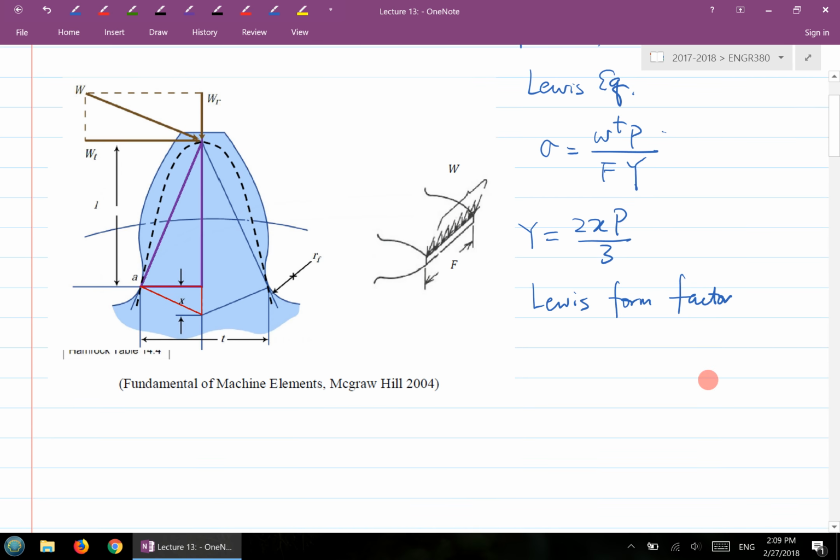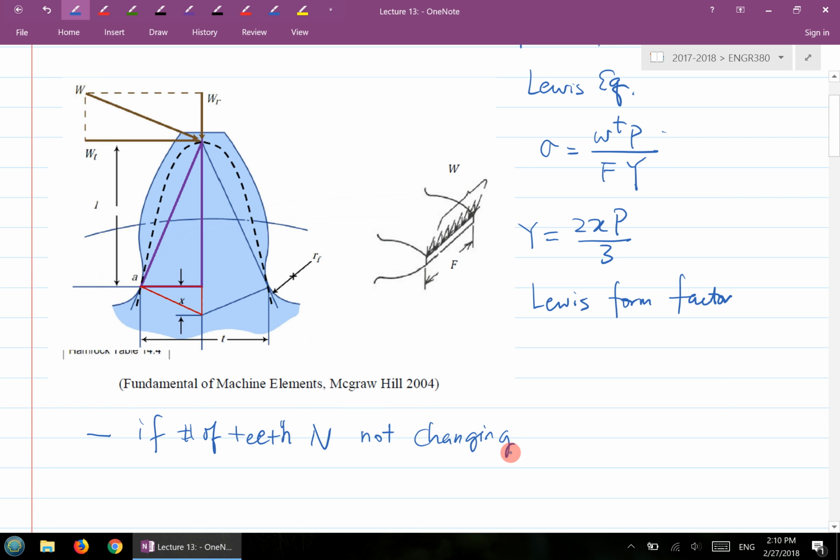If you look at the Lewis equation here, there are some very simple observations. Let's say the number of teeth, capital N, is not changing.